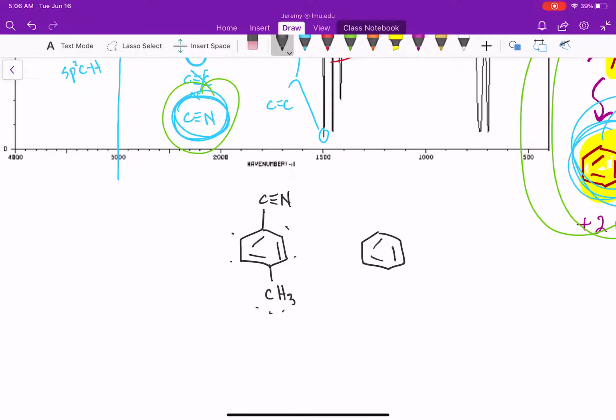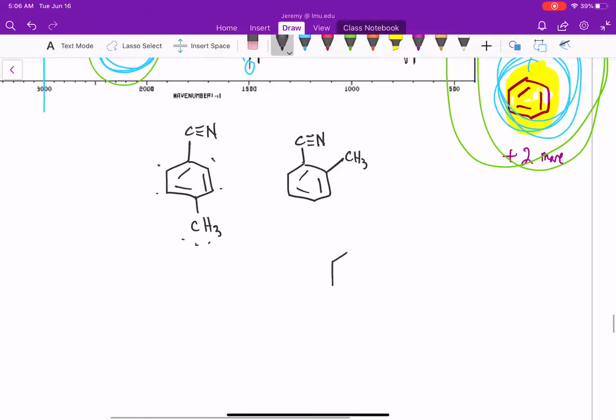At a basic level, I can't really tell if the methyl group is going to be ortho, para, or meta, right? So we could draw a structure where that methyl group is ortho. That would be a good structure. We could draw another where that methyl group was meta.